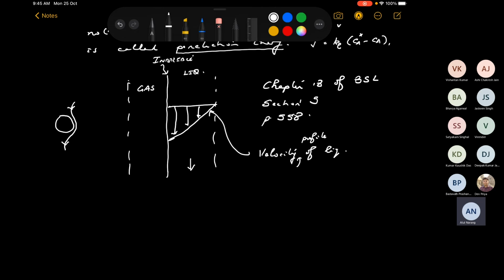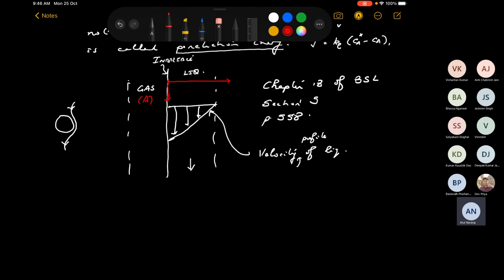Now, if we look at the concentration profile of oxygen, or in this case gas A, at the boundary the concentration will be at equilibrium, C_A star. I start here, this is distance, and this is the concentration profile.